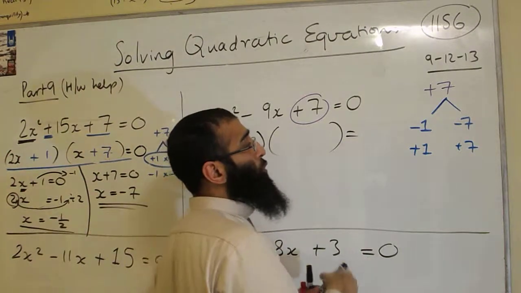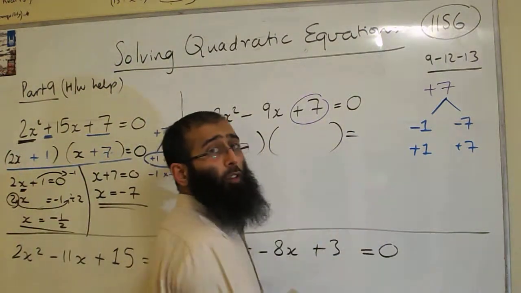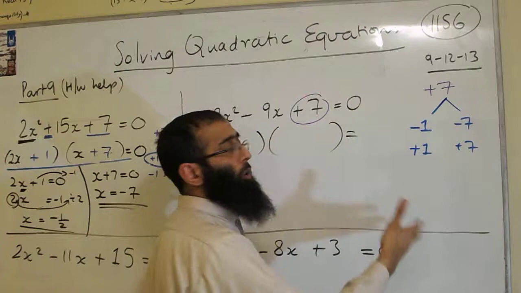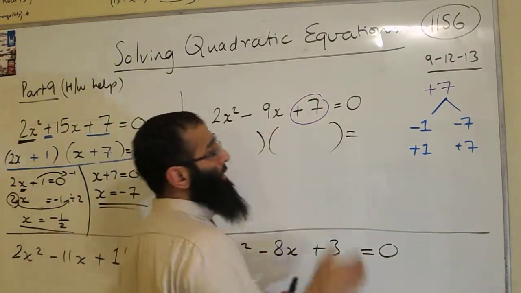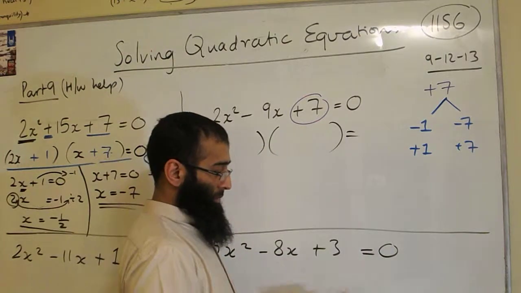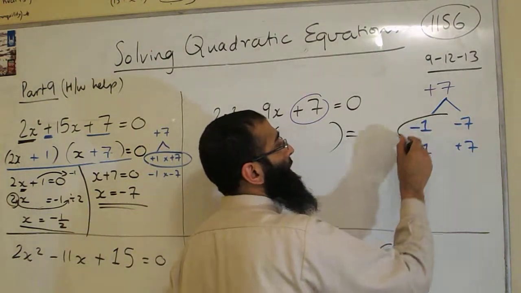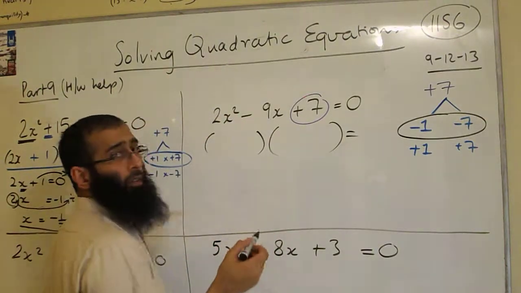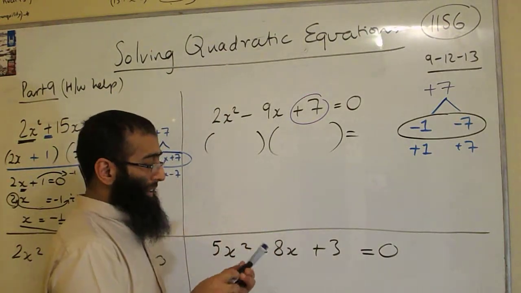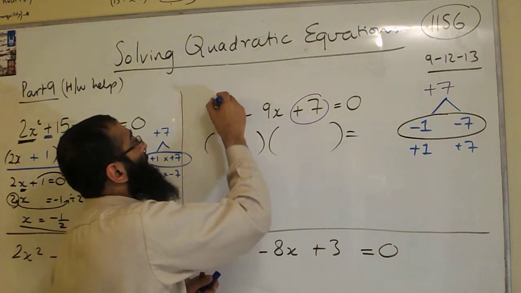So we call this an exhaustive list. These are all the possible ways that we can make plus 7, but only one will be useful for us, because we need to have a net negative answer. So we will be looking at the negative ones.